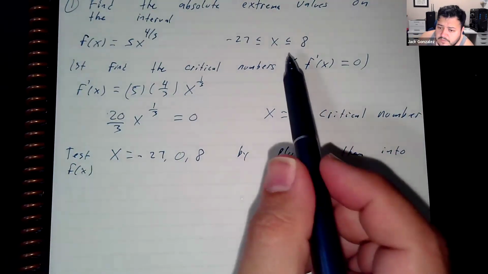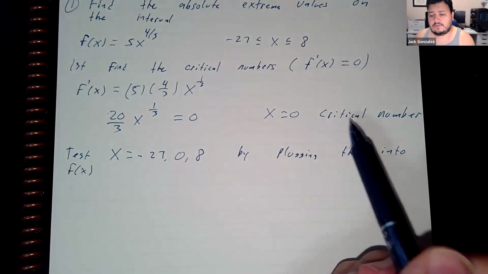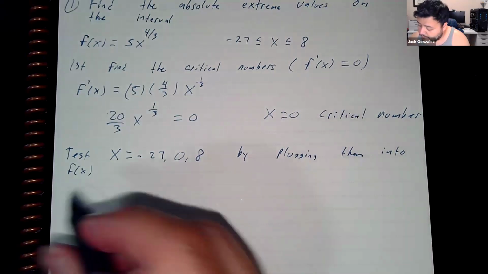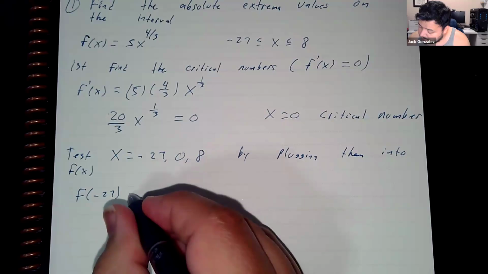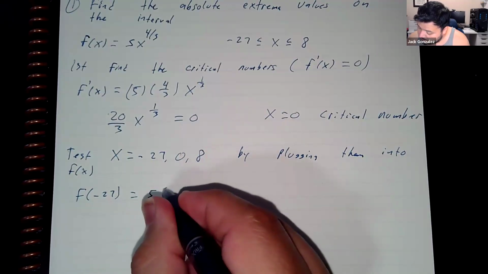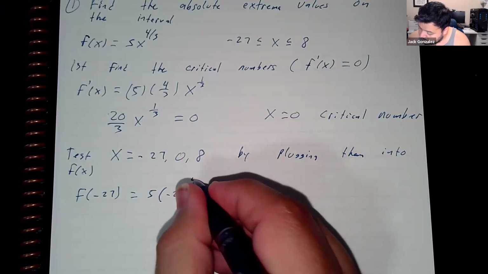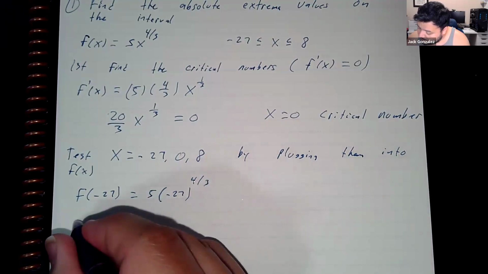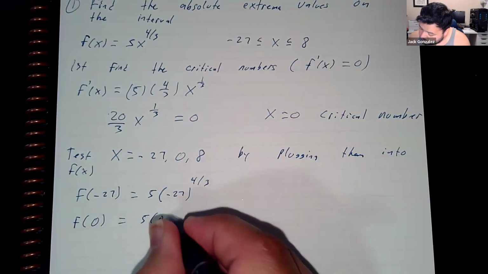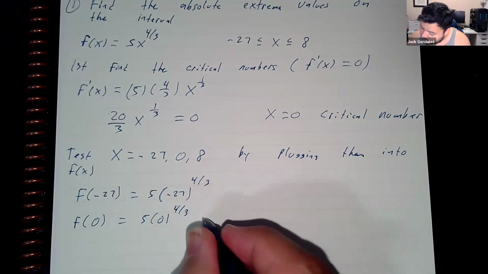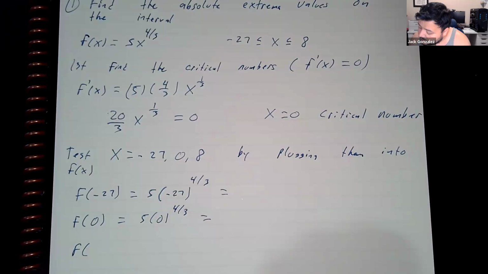Since it's closed, we don't have to do first derivative test or second derivative test. Just find the critical number and the endpoints. So the function at negative 27, the function at 0, the function at 8.